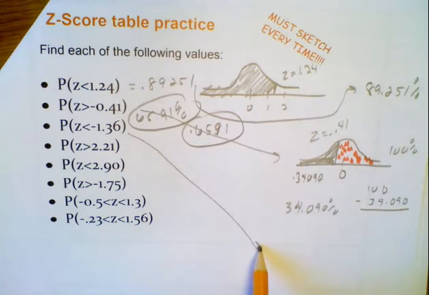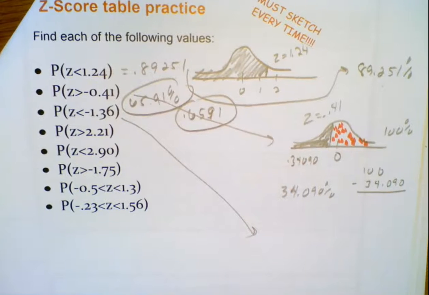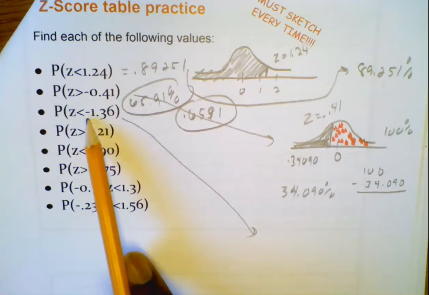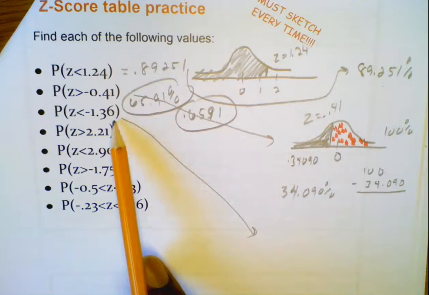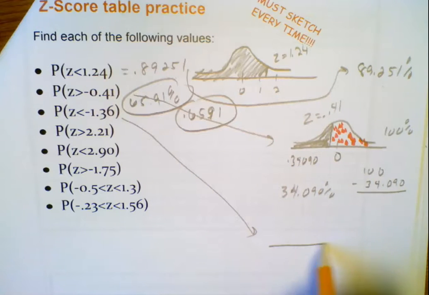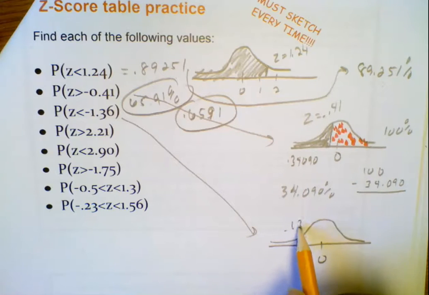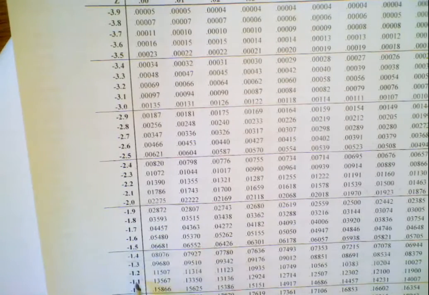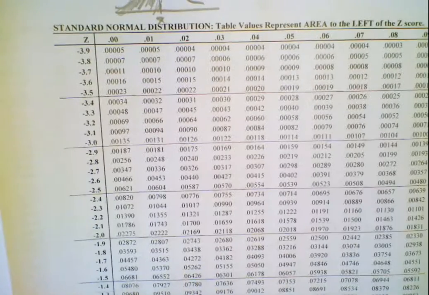The next one says, find the probability that the z-score is less than negative 1.36. So I'm going to draw a picture for it. For z to be negative 1.36 is somewhere down here, because that's -1, right? So that's -1.36. So here it is. That's a z-score of that value. That's this area. And we want to find that area. So go to the negative side and go to -1.3 and slide over to the 6th column.